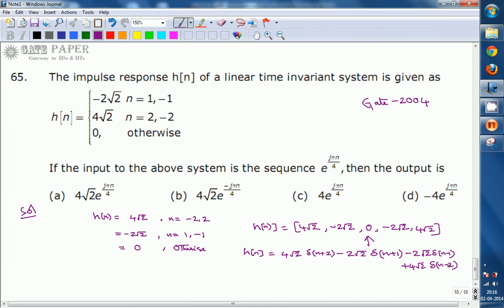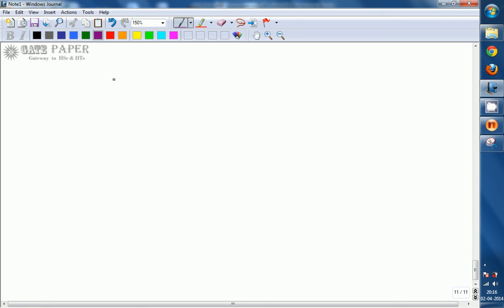That's the h of n. Now given that x of n equals e power j pi n by 4.